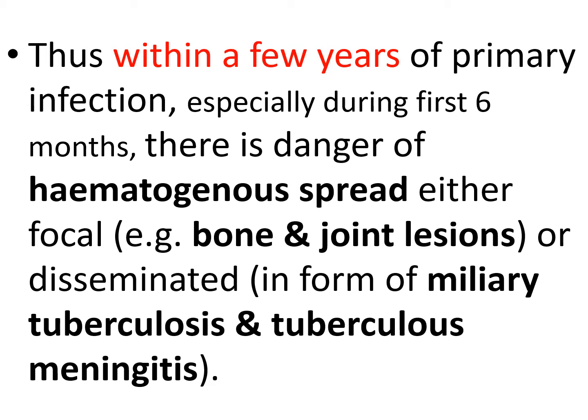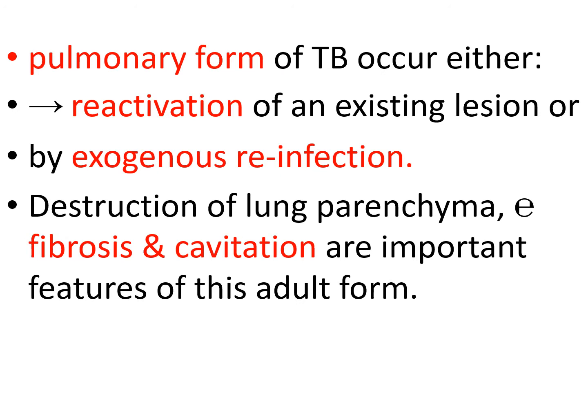Thus, within a few years of primary infection, especially during the first 6 months, there is danger of hematogenous spread, either focal, e.g. bone and joint lesions, or disseminated in the form of miliary TB and tuberculous meningitis. The pulmonary form of TB occurs either due to reactivation of an existing lesion or by exogenous reinfection.